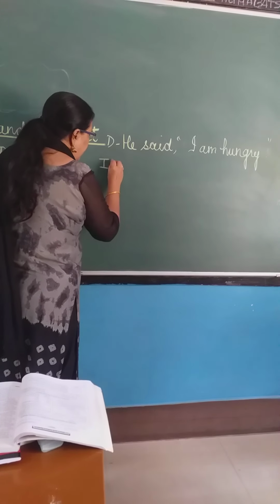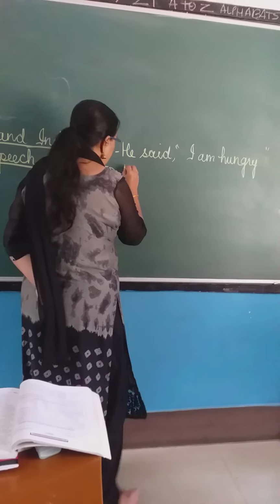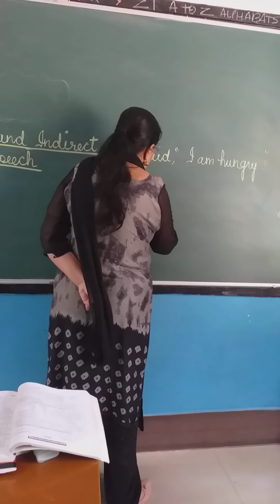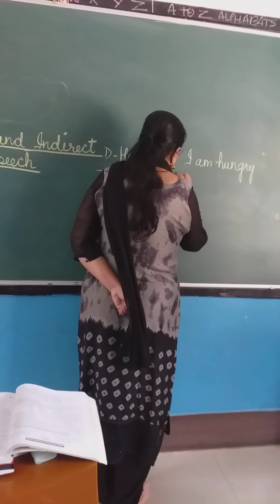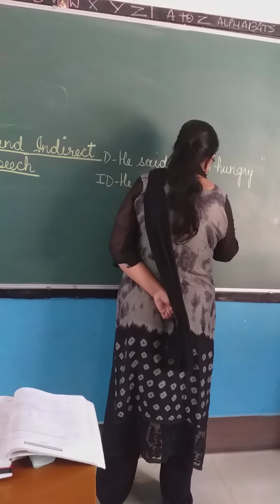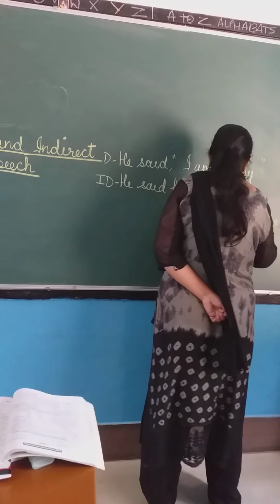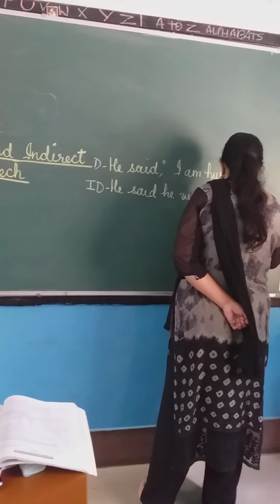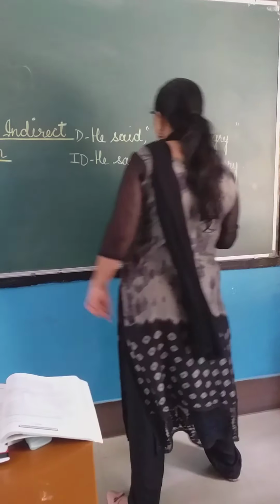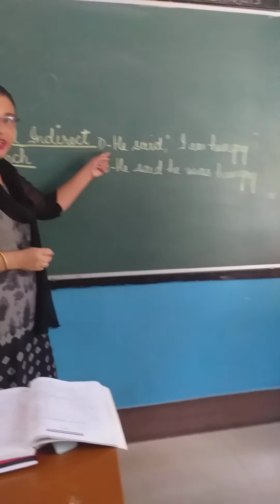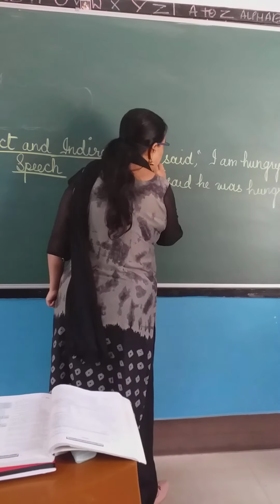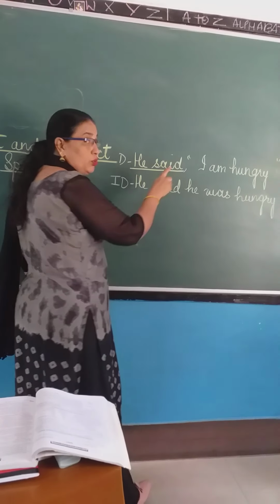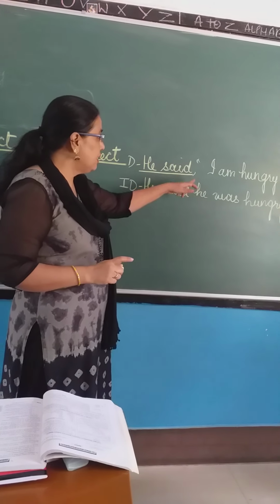Now coming to indirect speech, I will say, he said he was hungry. Now in direct speech we have two parts. One is before the inverted commas. Now this is the main difference between direct and indirect speech.